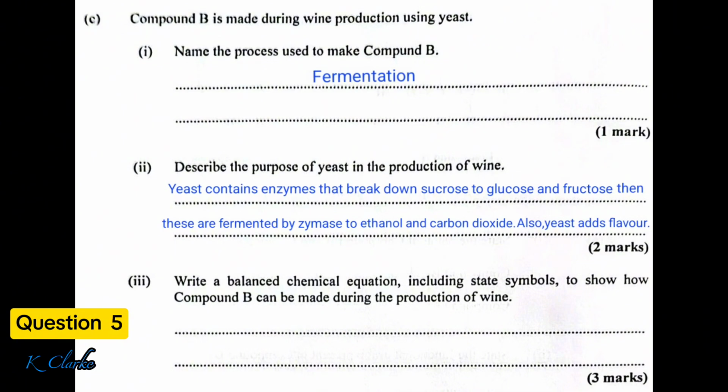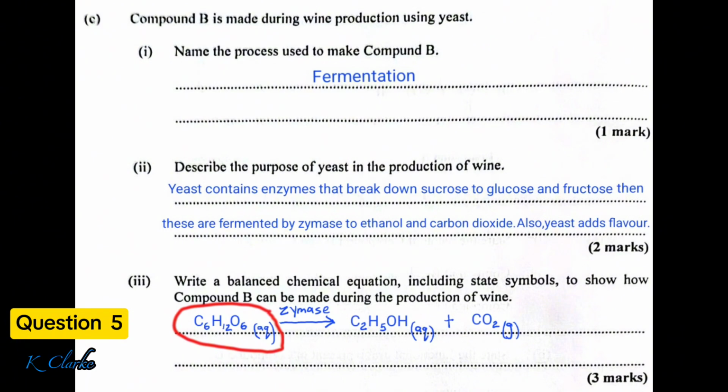Part 3. Write a balanced chemical equation, including state symbols, to show how compound B can be made during the production of wine. Glucose, an aqueous sugar, is converted by zymase to ethanol, aqueous, and carbon dioxide, which is a gas.